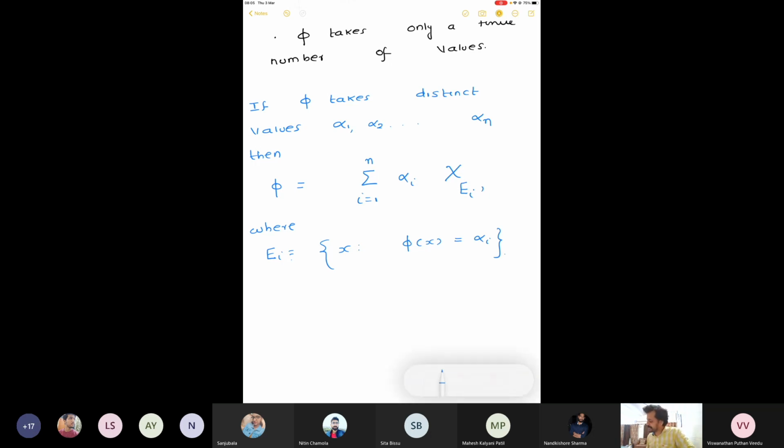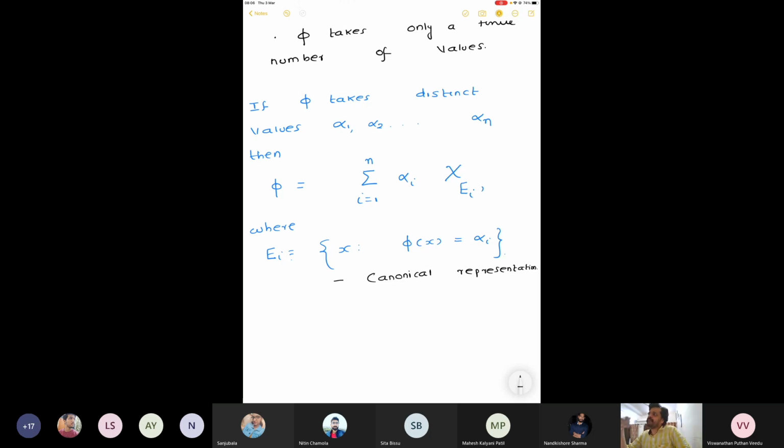And this representation we named as canonical representation. So this is a fundamental definition we need to start our integration theory.